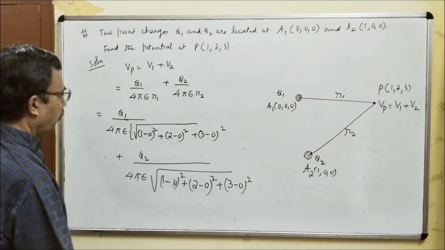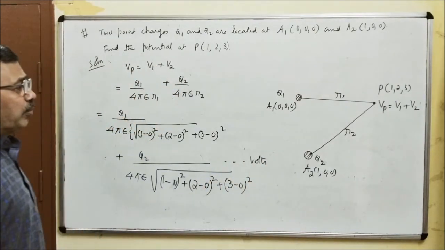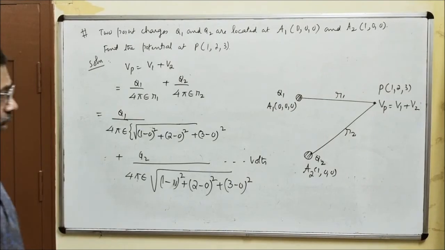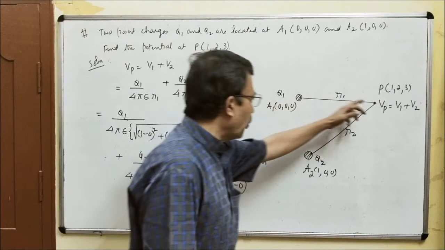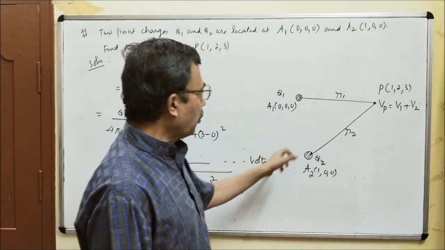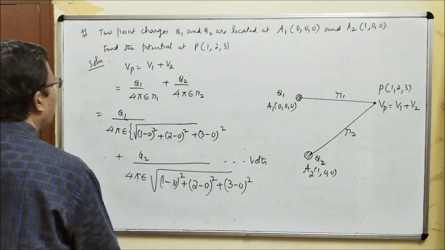This is the expression for Vp. We have applied the principle of superposition here. We have found the potential due to Q1 at point P, potential due to Q2 at point P, then we have added. Now, if you want, you can simplify this.